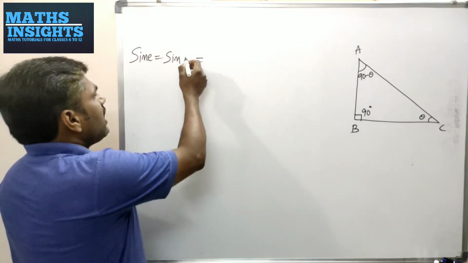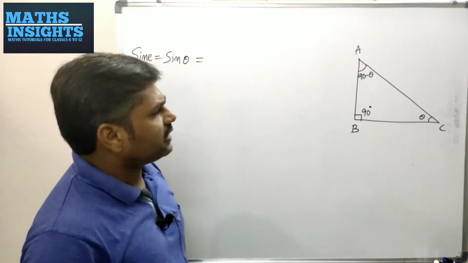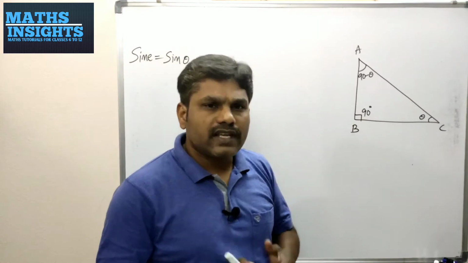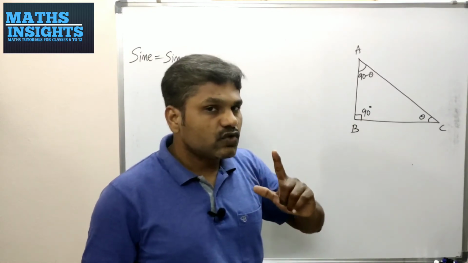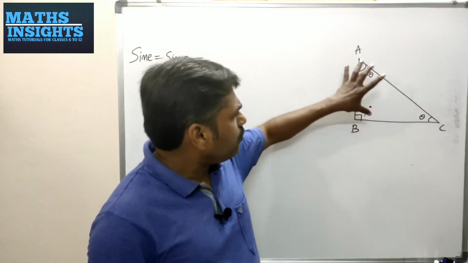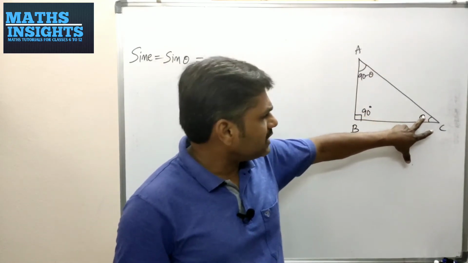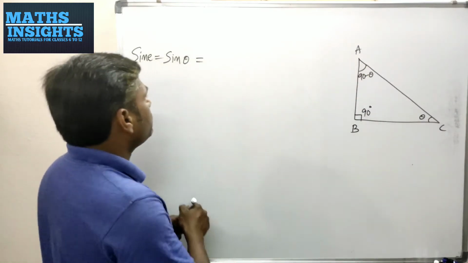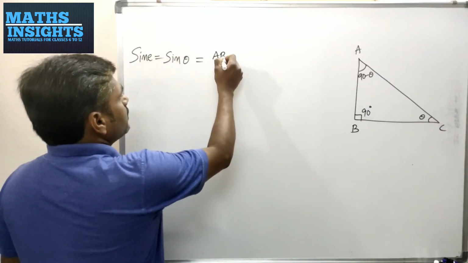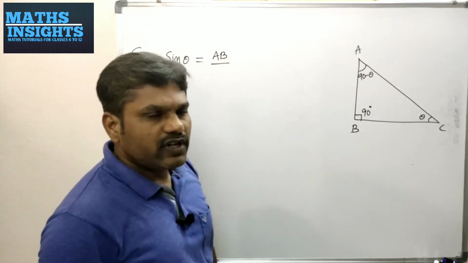But generally I will take sin theta, and I will say that it is the ratio of the side opposite to theta, this is the theta and this is the side opposite to theta, that is AB, by the hypotenuse.